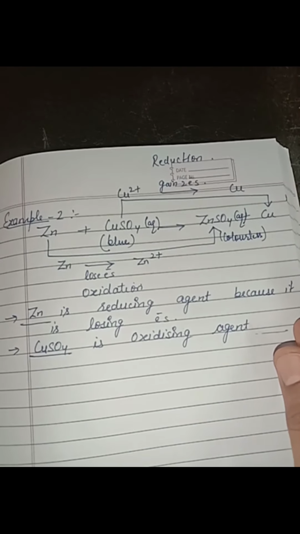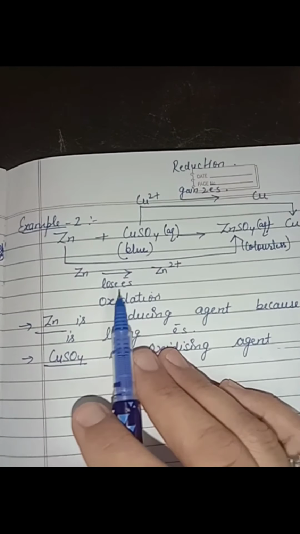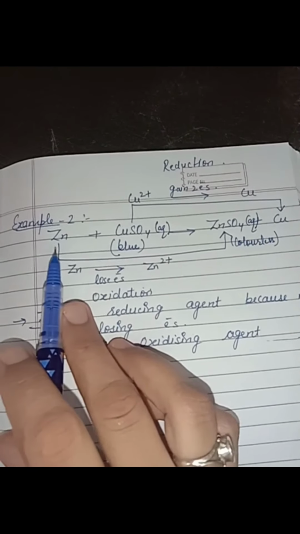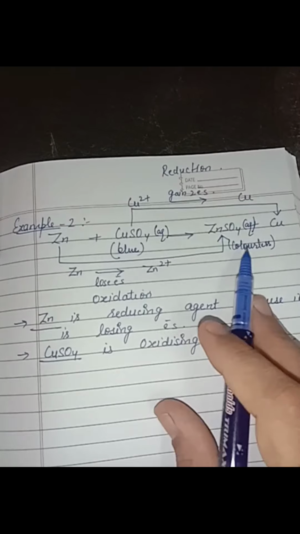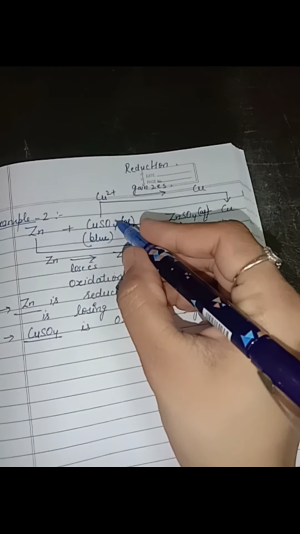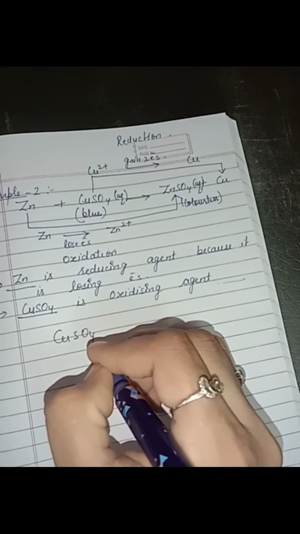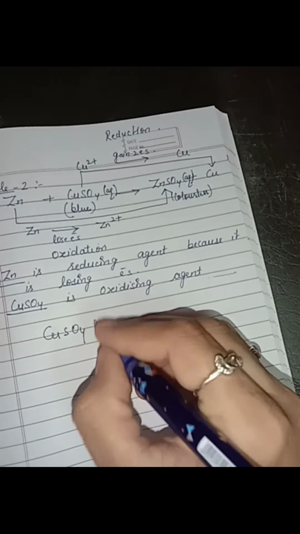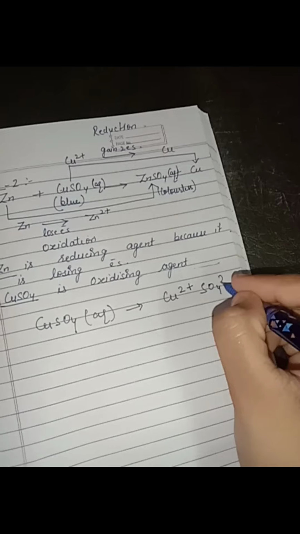So here how will we find out where the oxidation and reduction are taking place? We will take the help of losing and gaining of electrons. See here, when we go from zinc to zinc sulfate. Students, in the aqueous solution, ions are present. Here we know that CuSO4, this aqueous solution, contains two ions, Cu2+ and SO4 2-.